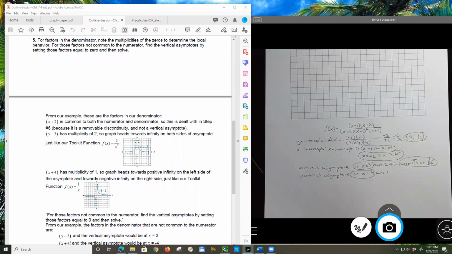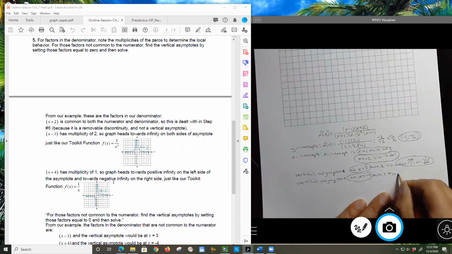And just like we see over here, that means this is what's going to be happening. So notice that you've got a multiplicity of either even or odd. So at these asymptotes, it's one of these scenarios. It's one or the other. So it's not too complicated. Okay? So if you just remember, when it's even, it goes like this. If it's odd, it does that. And of course, if you know your toolkit functions, then it's even easier to remember.